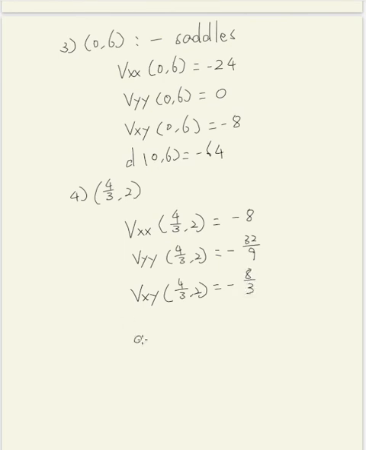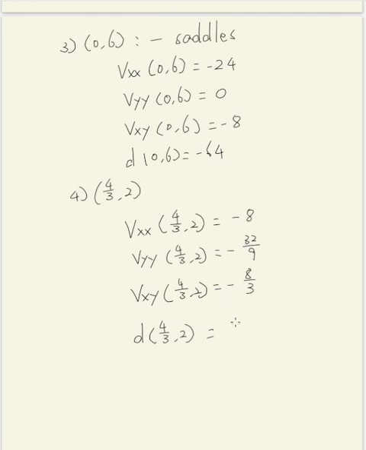And you get D equals this times that minus this thing squared. It's 256 divided by, well, sure, let's just calculate this.